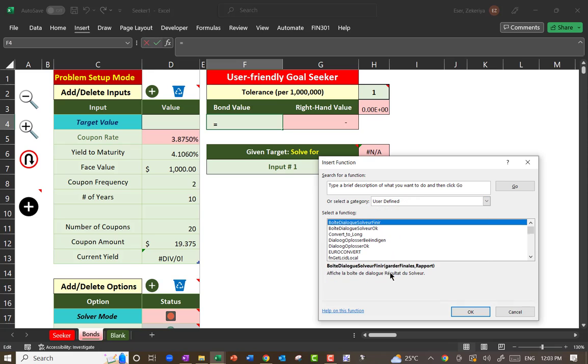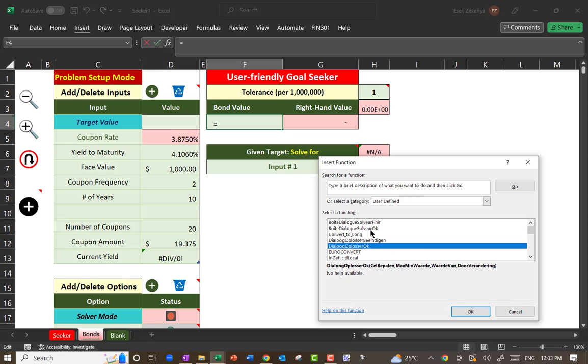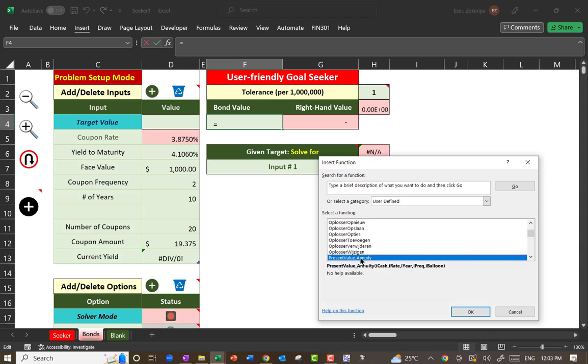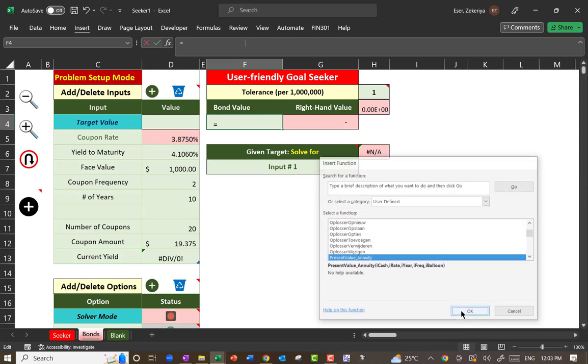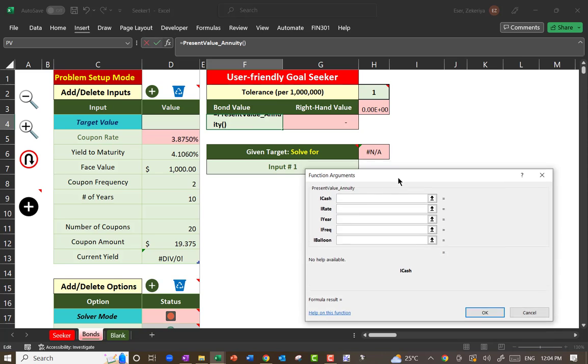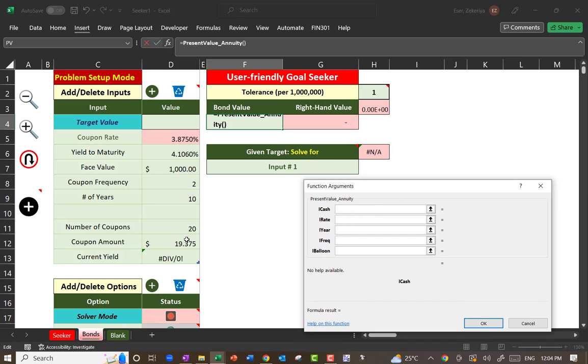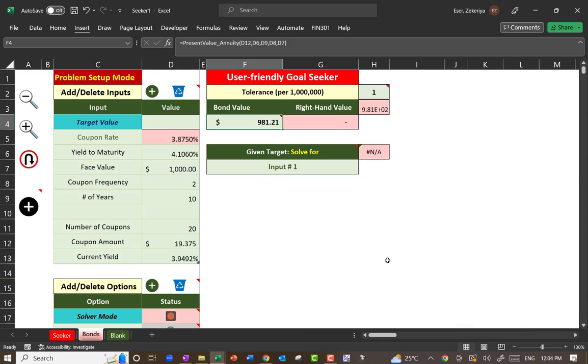User defined. I have a function called present value of annuity. iCash is the coupon amount. iRate is the yield to maturity. iYear is number of years. And iBalloon is the face value. It is not surprising that we got exactly the same thing.